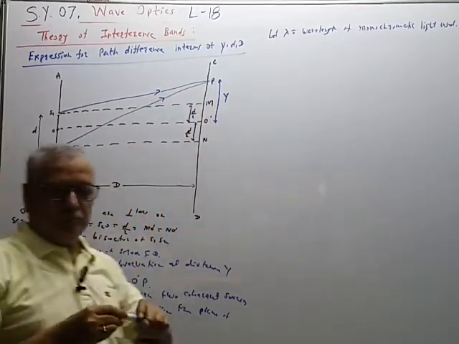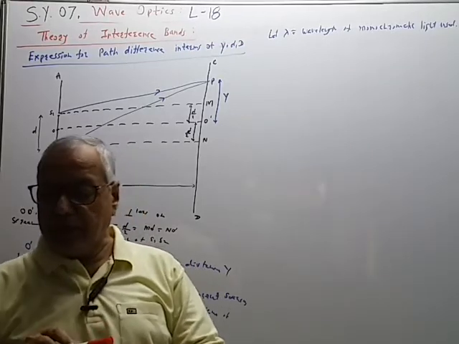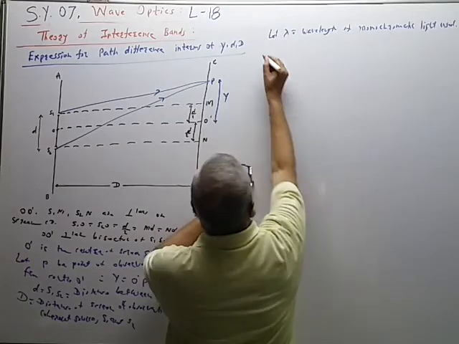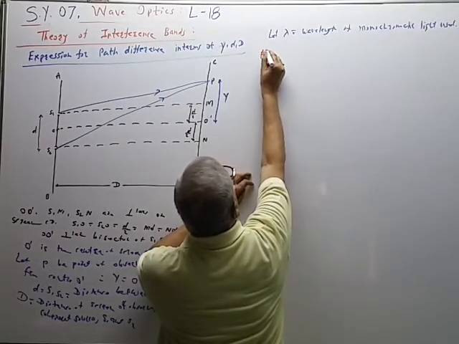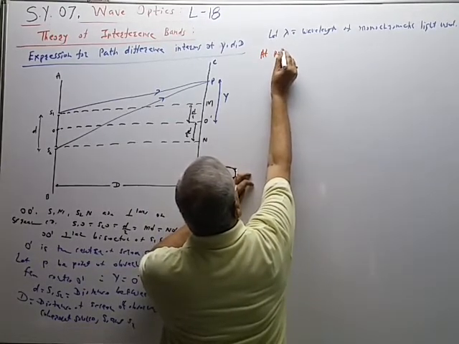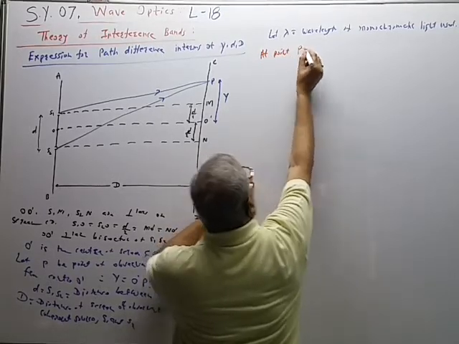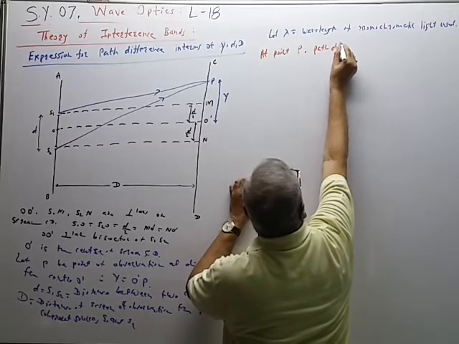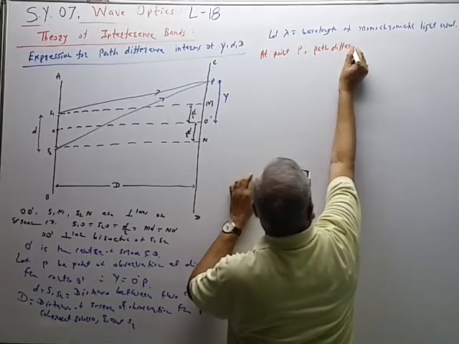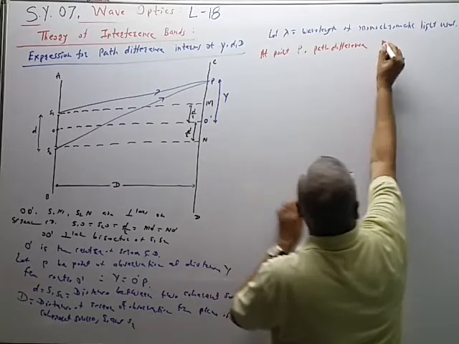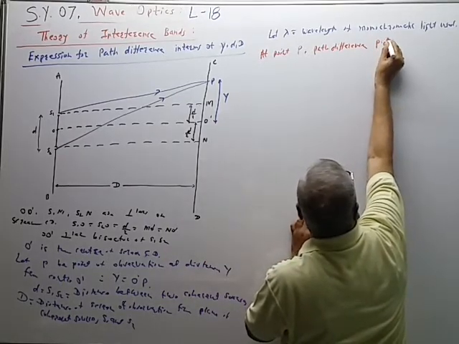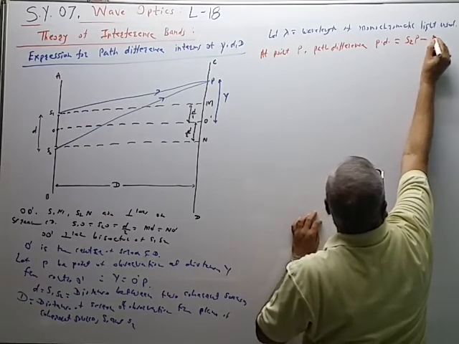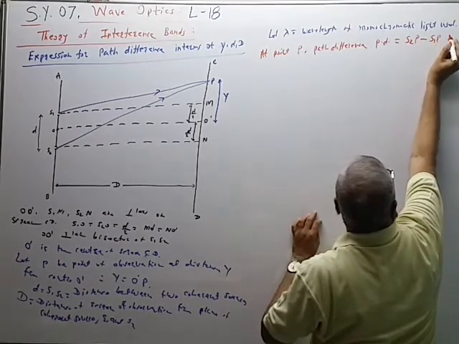So what is the path difference at point P? Path difference PD is equal to S2P minus S1P, as S2P is larger than S1P.